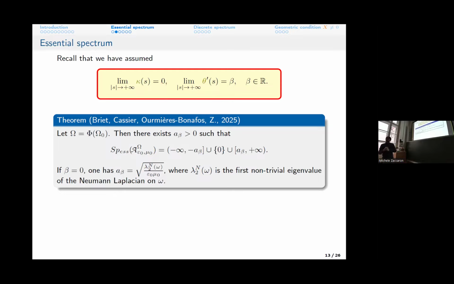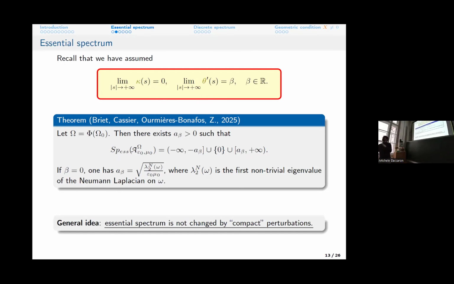Thanks to a result by Filonov in 2019, we are able to deduce the full form of the spectrum of the Maxwell operator in such a constantly twisting waveguide. And then there is this general idea that the essential spectrum is not changed by compact perturbation. So morally, this is a compact perturbation of a constantly twisting waveguide. The essential spectrum only sees what happens at infinity, morally speaking.